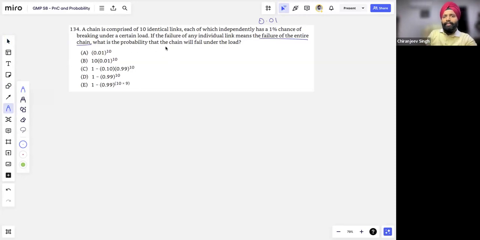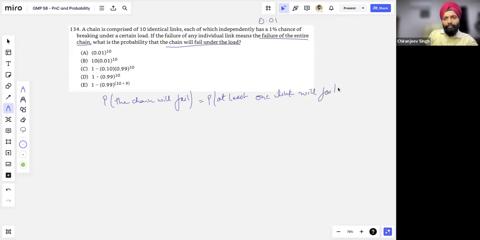What is the probability that the chain will fail? So the probability that the chain will fail is essentially the probability that at least one link fails.